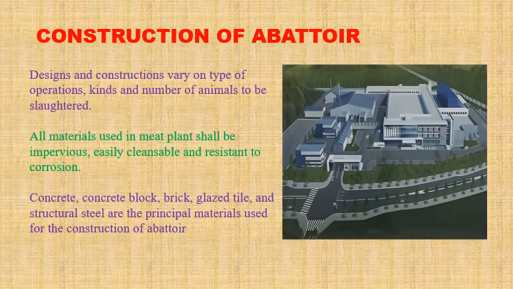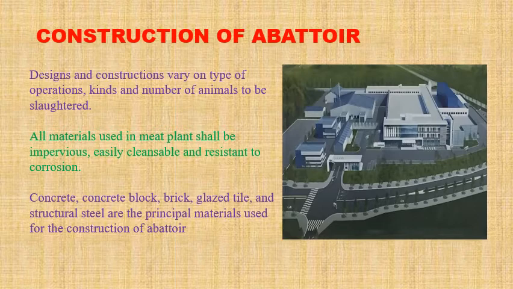Construction of abattoir. In the previous lecture, I discussed the designs and layouts. The design and construction vary on the type of operations, and the kinds and number of animals to be slaughtered. Kinds means the species, could be small animals, large animals, like that.